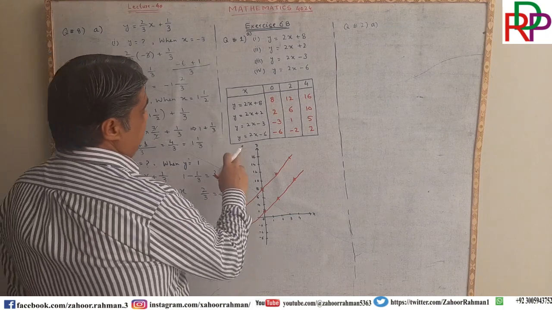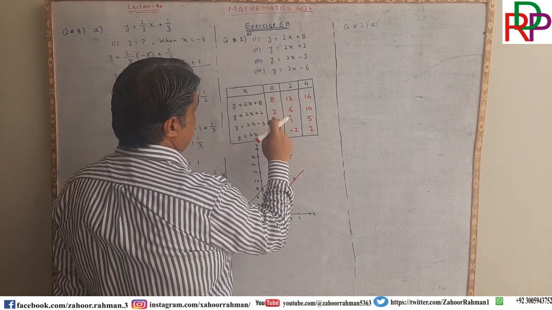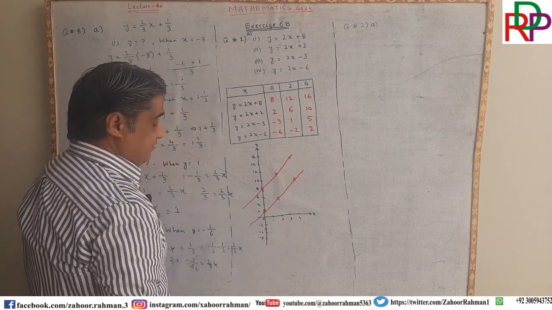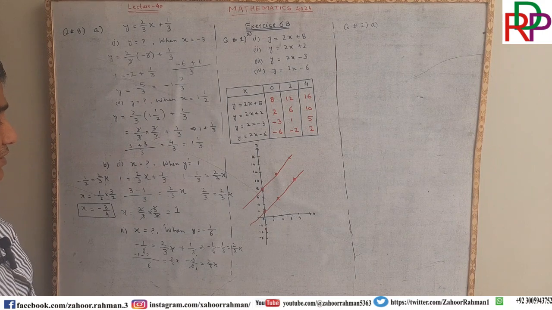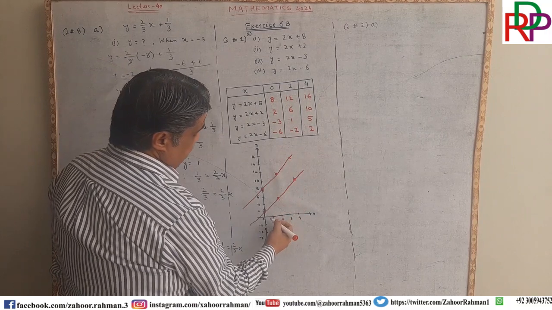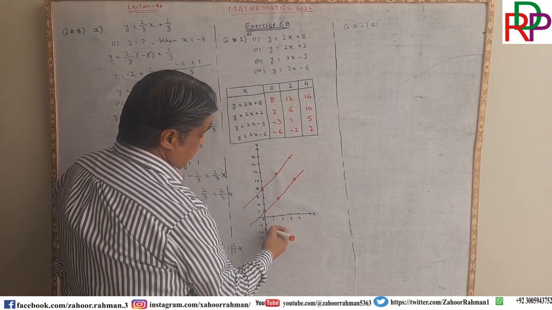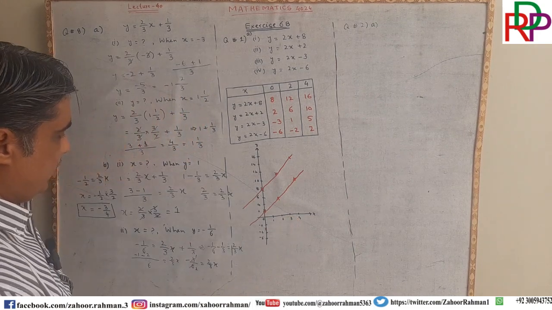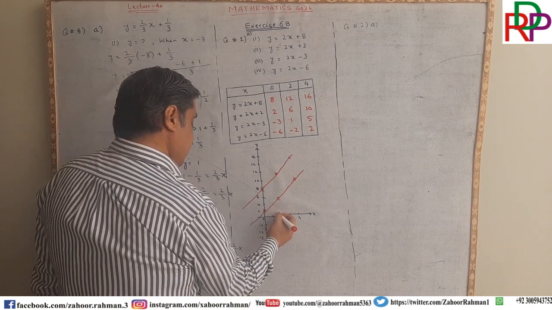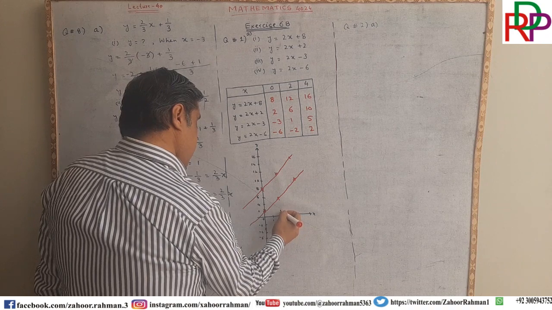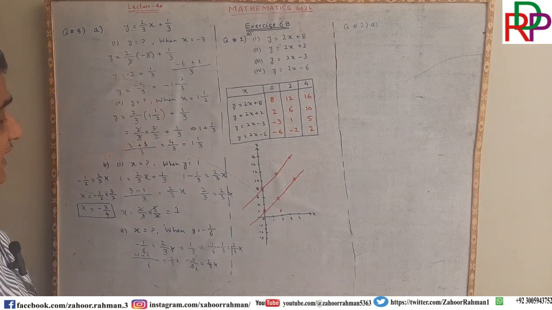Now similarly for the third one, when x is equal to 0, y is equal to minus 3. So we have to come here. Between minus 2 and minus 4 there will be minus 3. When x is equal to 2, y is equal to 1. So it will be somewhere here.